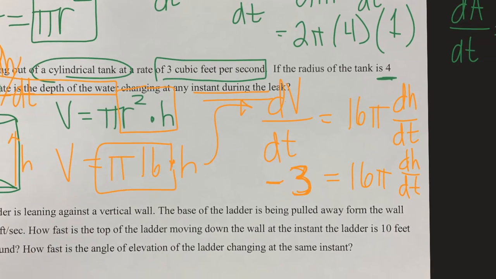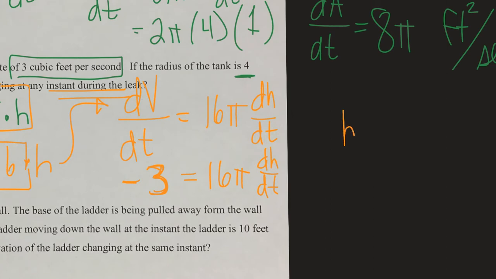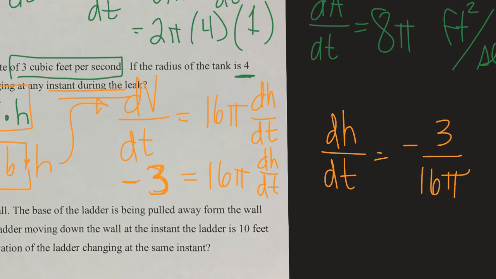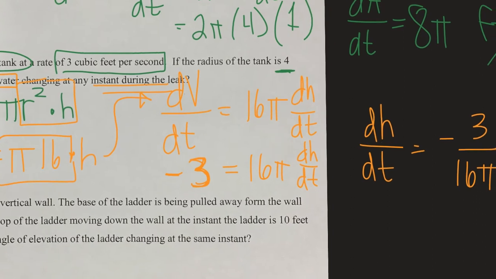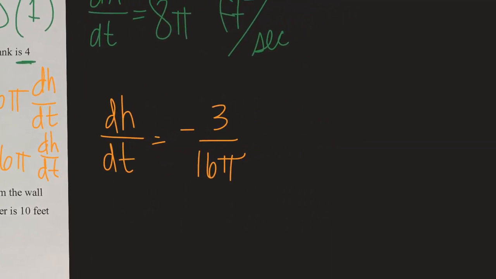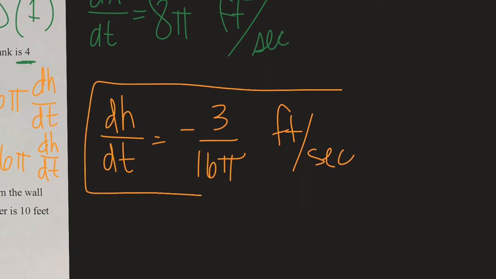With one little division, I get that the height is changing at a rate of -3 over 16 pi. Because height is linear, it's just changing at a rate of feet per second. So -3 over 16 pi, whatever that happens to be. That's a decimal, and I don't have a calculator. This is a safe answer on your FRQ. You do not have to simplify that on the AP Calculus exam.